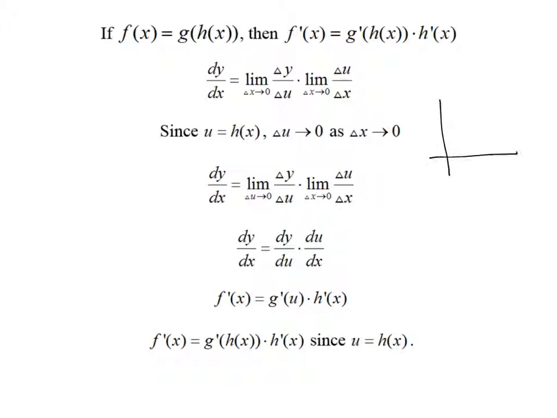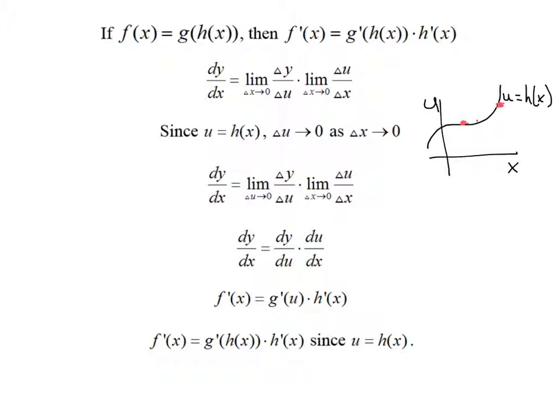If I sketch a graph of h of x right here, u equals h of x, and we've got u on the vertical axis and x on the horizontal. All right, if we pick 2 points that are on the graph, and by making delta x go to 0, that means that these 2 points are going to come closer and closer to each other.